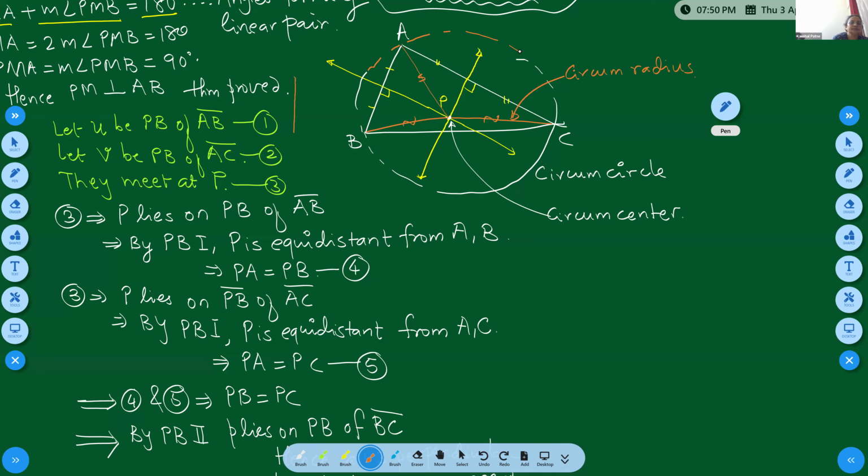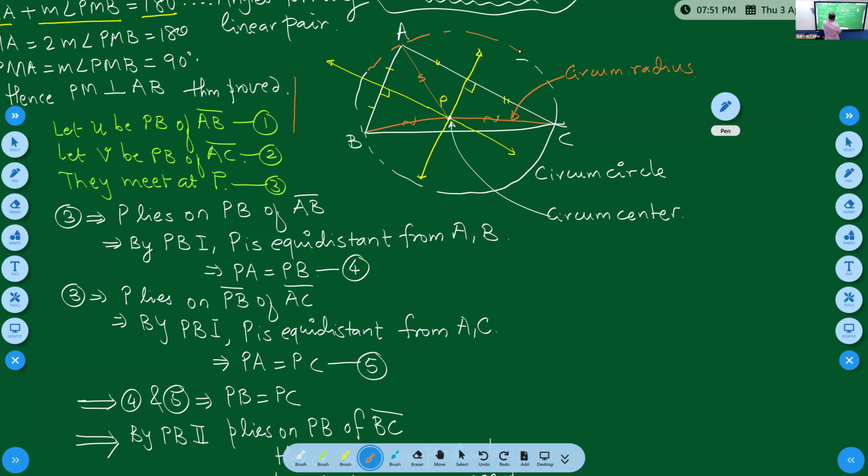Okay. We can draw circumcircle because we have found out the point in the plane of the triangle, that is the unique point, only one point, which is equidistant from all the 3 vertices. And therefore, using that as a center and that as a radius, we can draw circumcircle.